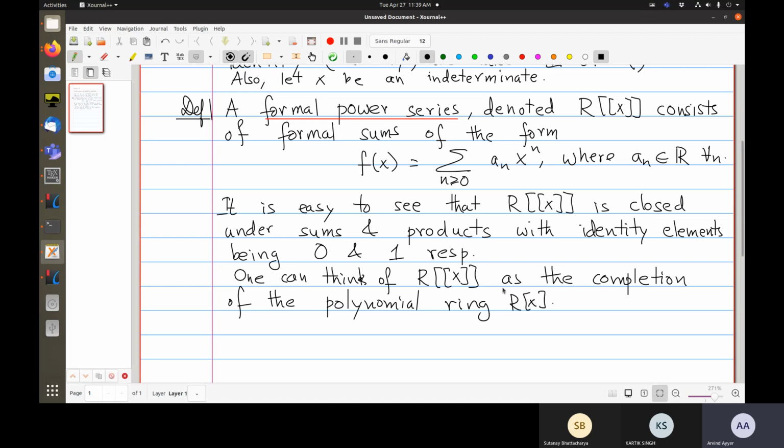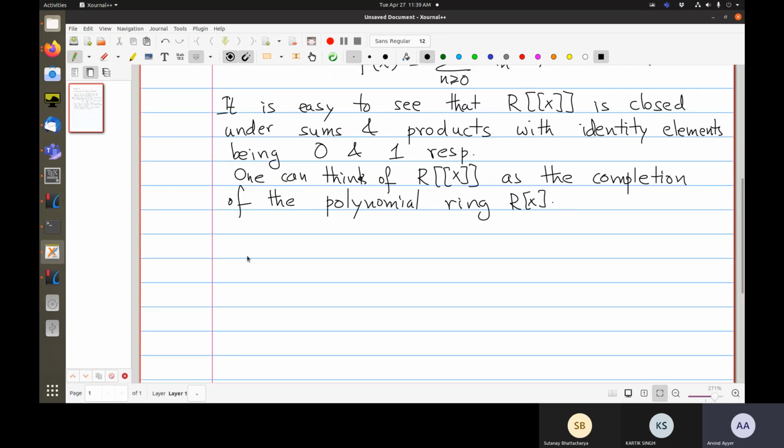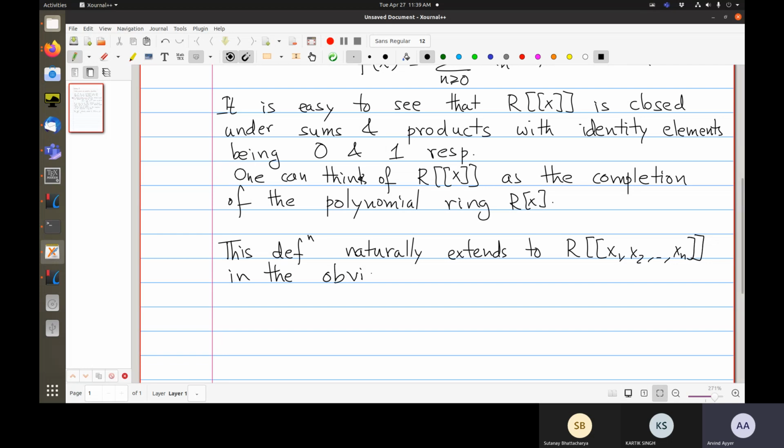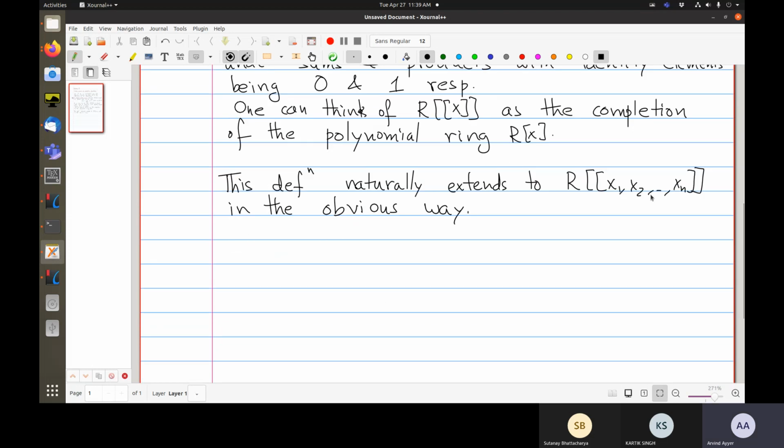Okay. So this definition naturally extends to the multivariate formal power series ring, R double box x1, x2, etc., xn, in the obvious way. But what we want to do is to consider infinitely many variables.